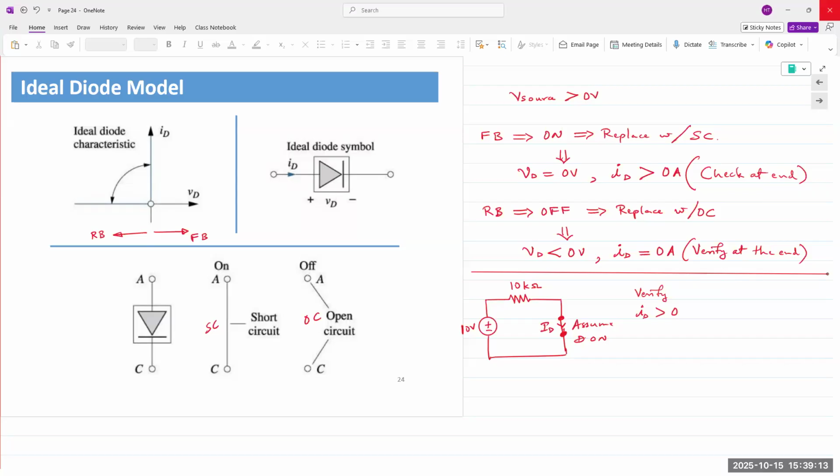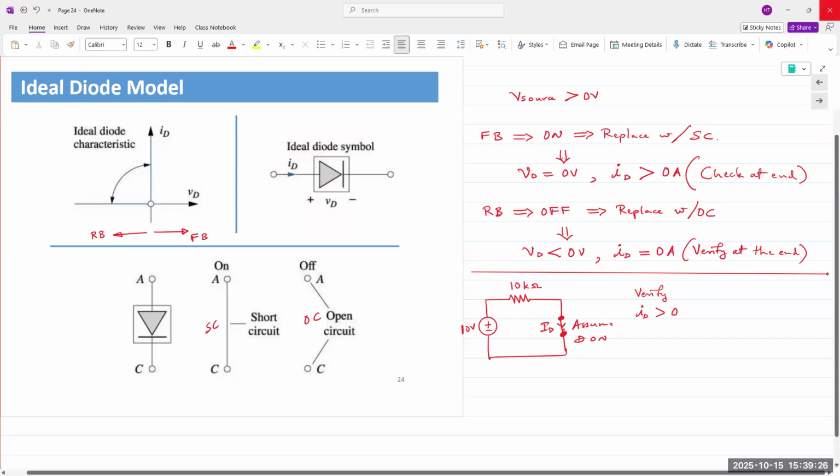Okay, so we need to verify whether ID is greater than 0 or not. So we apply our circuit analysis techniques and determine ID. What is ID? ID is the same current that's flowing through the circuit. We know that the diode voltage is 0 volts.